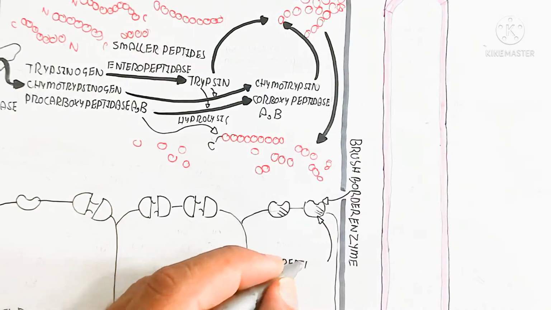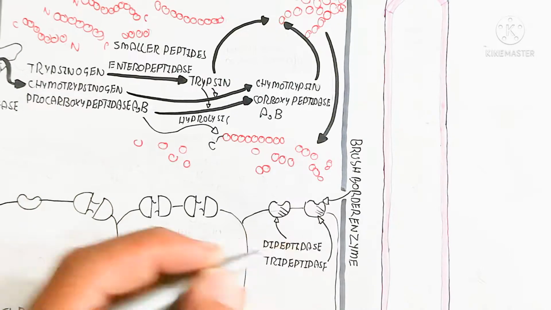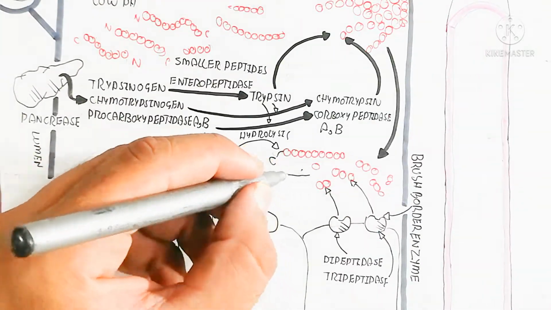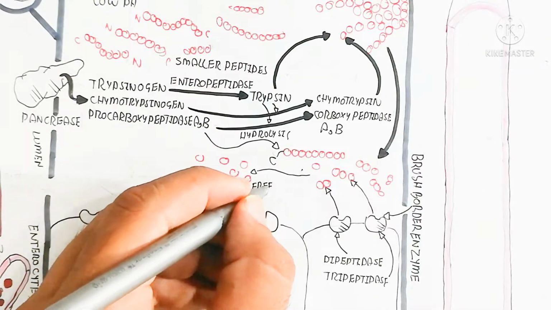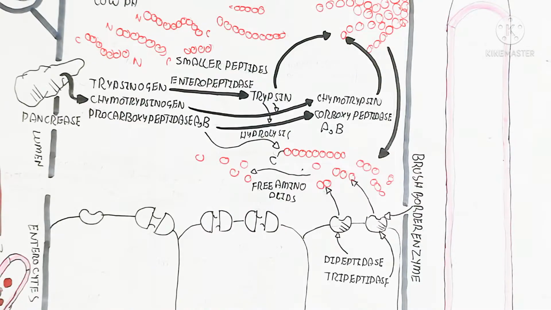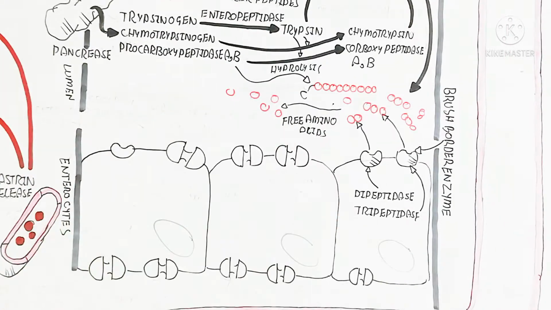All these enzymes are released from the pancreas exocrinally into the lumen of the duodenum. So in this way, here is the complete hydrolysis. The protein is efficiently hydrolyzed into dipeptides, tripeptides, and single amino acids.